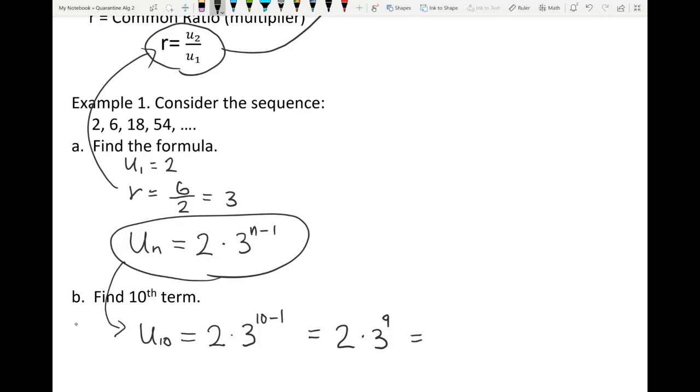Personally, I will do, well, we have to take care of the exponent. So we've got to do 3 to the 9th power first. Okay, so let's do 3. So take out your calculator, do a 3 to the, now this is the exponent button.